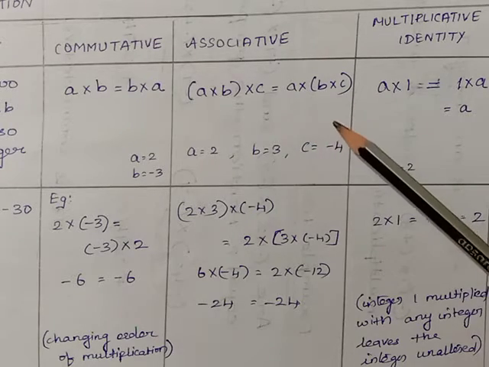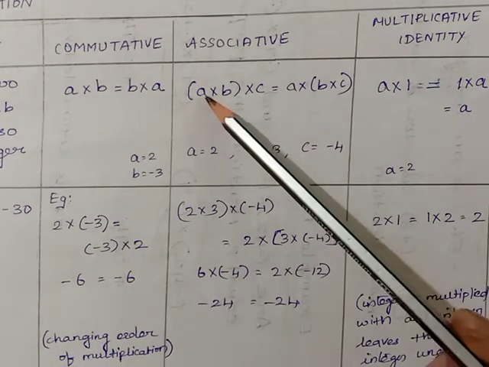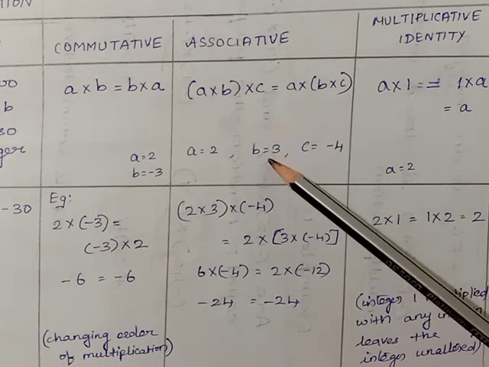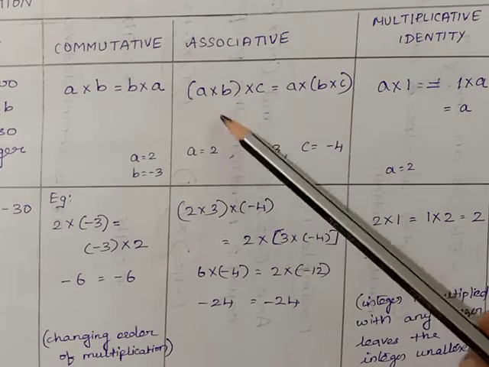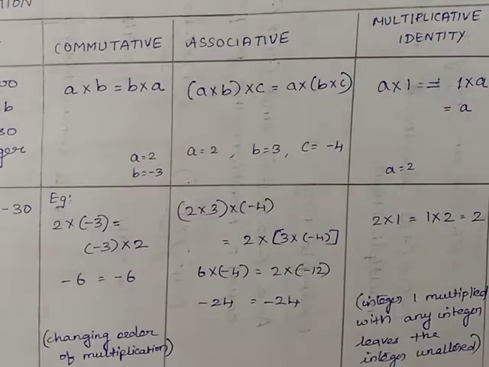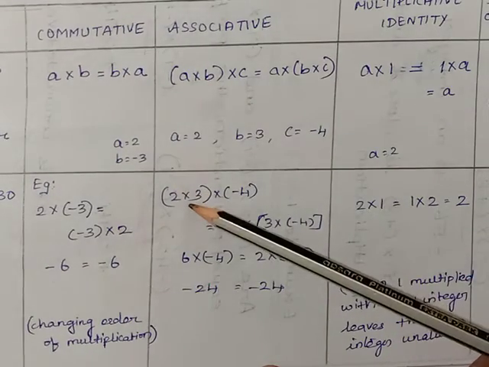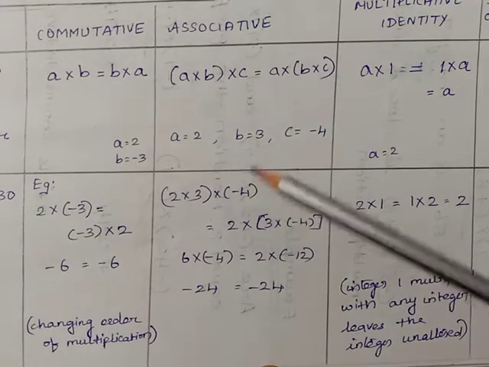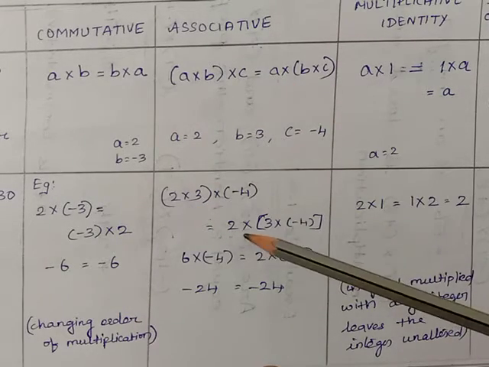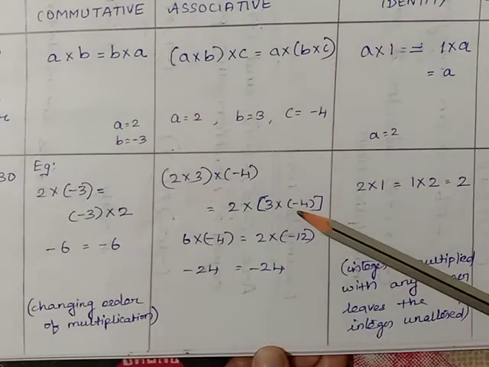Last two terms in brackets. Now in the place of a let us write 2. In the place of b let us write 3. This is for example. In the place of c let us write minus 4. And we'll check whether the answers are same. So a into b, 2 into 3, into c, minus 4. Here a is 2, into b into c, 3 into minus 4.